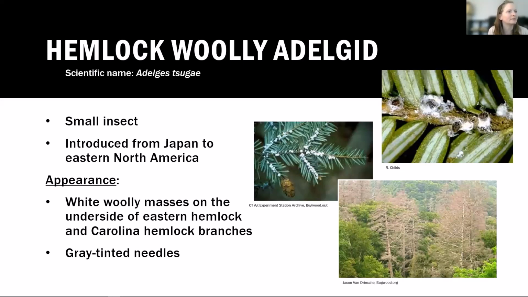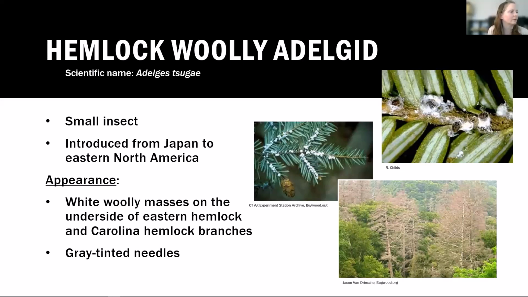And the white masses are about the size of half of a cotton swab. The females lay their eggs in those masses, and sometimes they also overwinter in those spots. The masses can be found on the lower branches, and I understand that infestations start on the lower branches and go up.